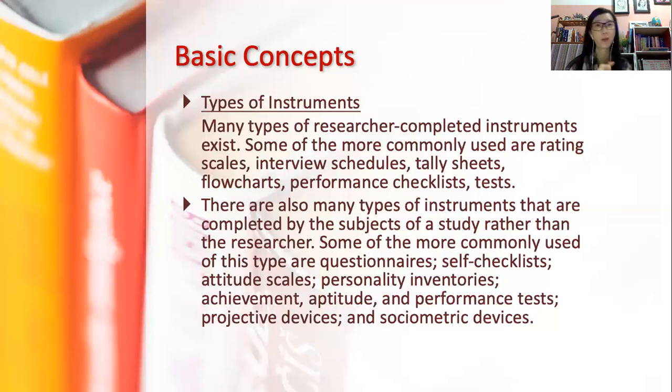Second one, questionnaire, with what we call scales. And then we have rating scales as well. We have flowchart, checklist, and so on and so forth. Social metric devices, quite a lot of instruments that we can use for quantitative research, but make sure that the data that we obtain are in the forms of numbers, numerical data, quantitative data.